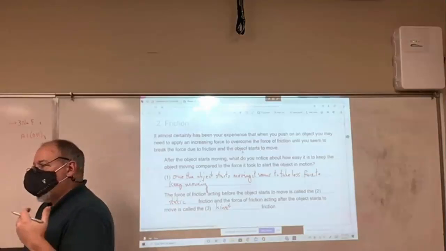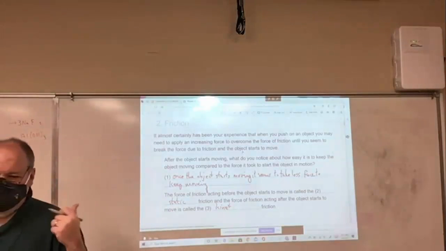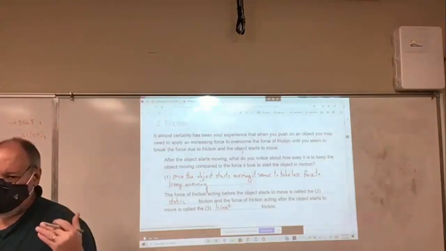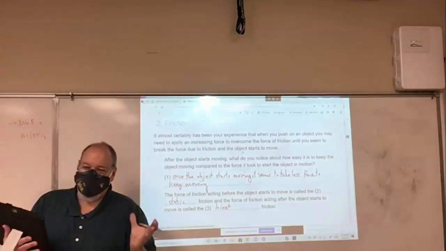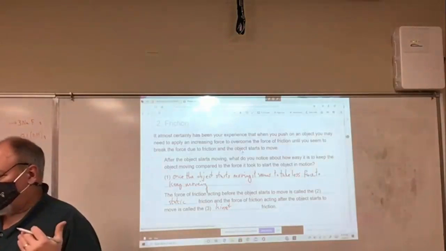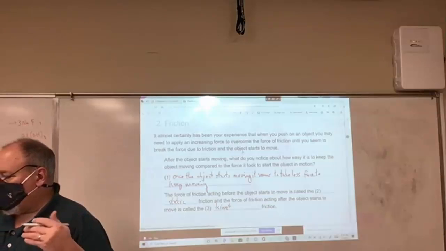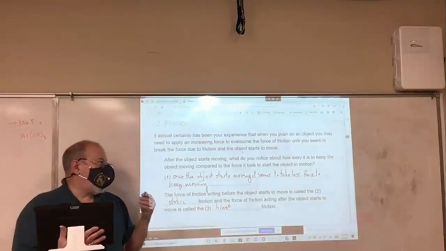Whereas we've said, according to Newton's first law, an object that we put into motion is going to stay in motion as long as there are no outside forces acting on it. And that's counterintuitive, because we see things slow down and come to a stop. But the outside force that's acting on it, once we stop pushing something, is friction.